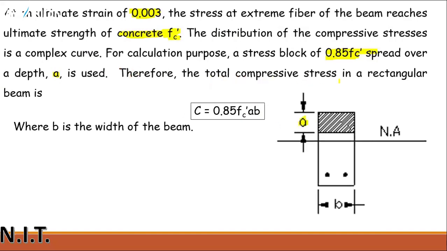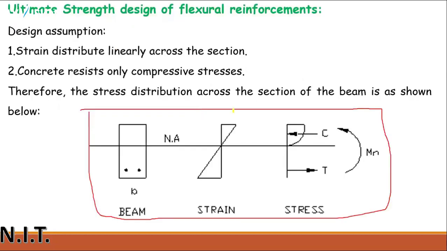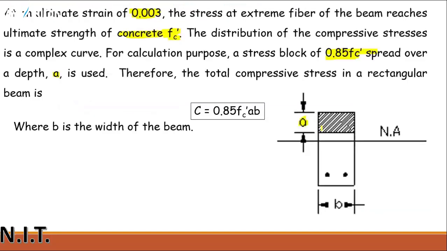Therefore, the total compressive force in a rectangular beam, we usually call this the C force, can be calculated by this formula: 0.85 Fc prime a b, where small b is the width of the beam as shown. Clear? And this NA means neutral axis.